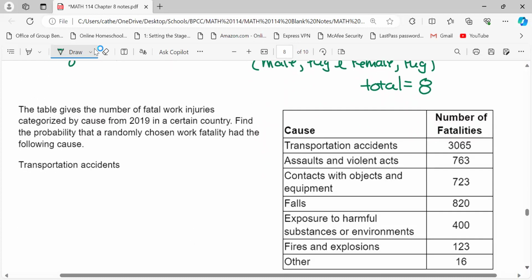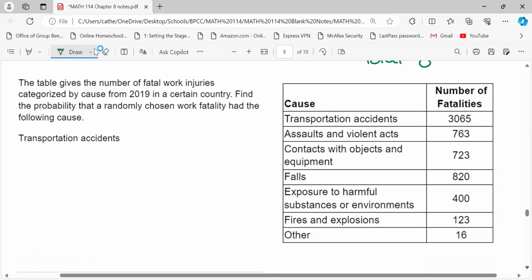This table gives the number of fatal work injuries categorized by cause from 2019 in a certain country. Transportation accidents, 3,065. Assaults and violent acts, 763. Find the probability that a randomly chosen work fatality has the following cause: transportation accidents. So that's going to be 3065 over the total, so we have to add this column up.